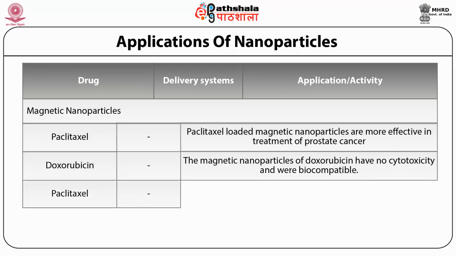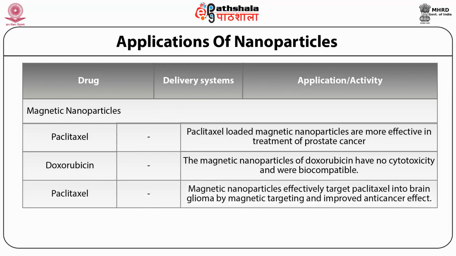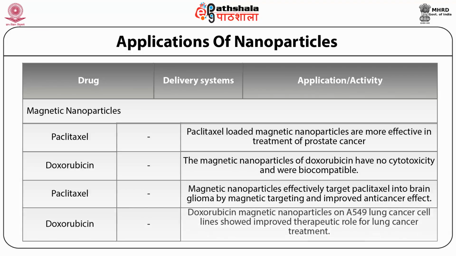Then we have paclitaxel in the form of magnetic nanoparticles. It effectively targets the paclitaxel into brain glioma by magnetic targeting and improves the anti-cancer effect in the brain. Then doxorubicin, again designed in the form of magnetic nanoparticles on A549 lung cancer cell lines, showed improved therapeutic role for lung cancer treatment.